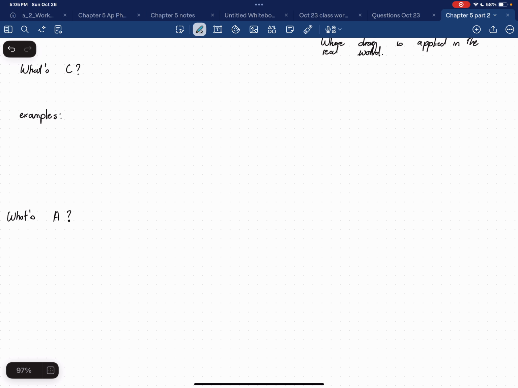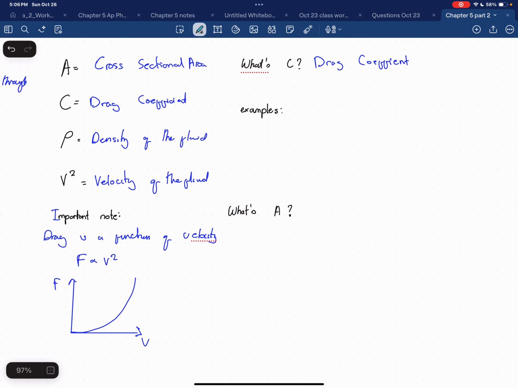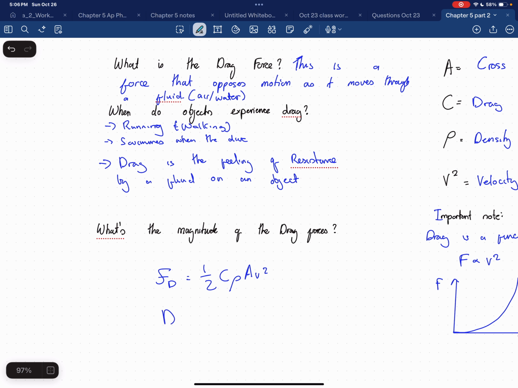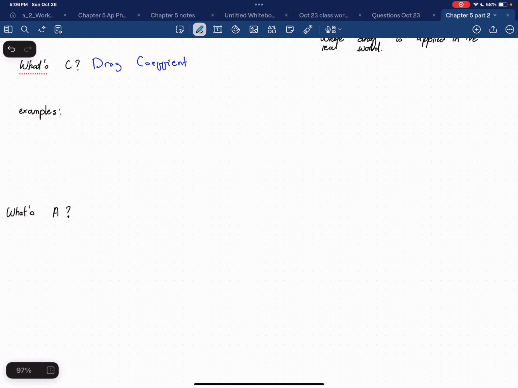So then, what's C? Let's talk more about the drag coefficient. Sometimes you see drag referred to as just D. It's the same thing. So the drag coefficient.